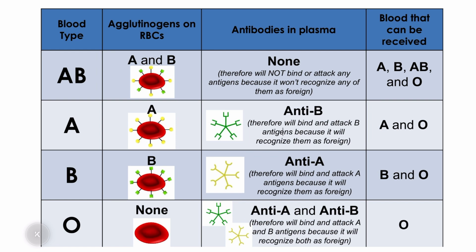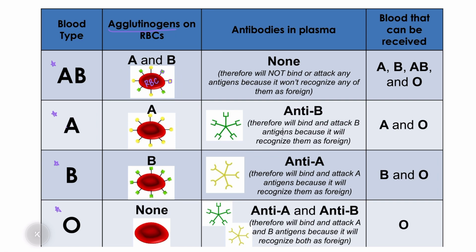So this would be saying, hey, I have blood type AB, I have blood type A, I have blood type B, or blood type O. So what that means is that you have these proteins that are on the outside of your red blood cells. So these are red blood cells, and these little squares are the proteins called agglutinogens that are on your red blood cells.